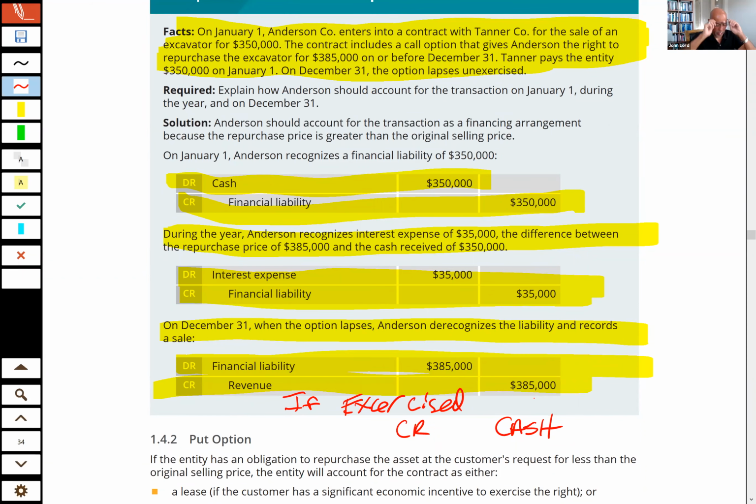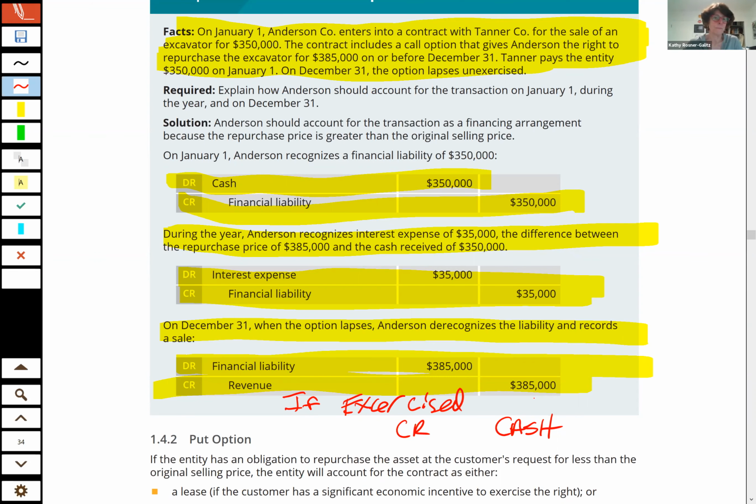So they're treating that amount as interest expense here. And then finally, we satisfied that liability by letting the option lapse, in this case, unexercised. And so now we can finally take the revenue because we have completed the performance obligation at that point, right? Okay. Thank you.